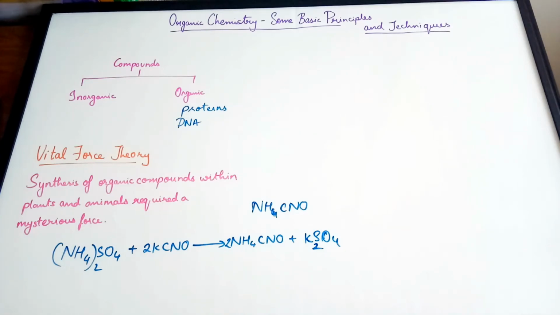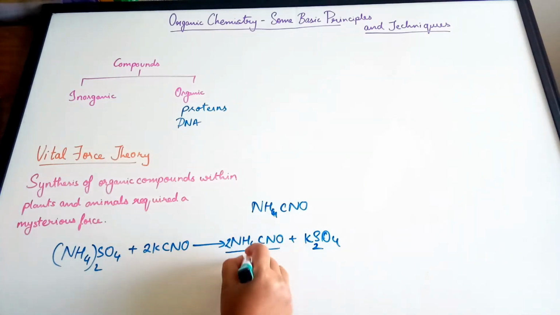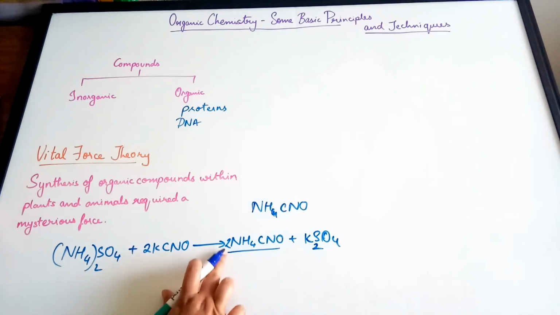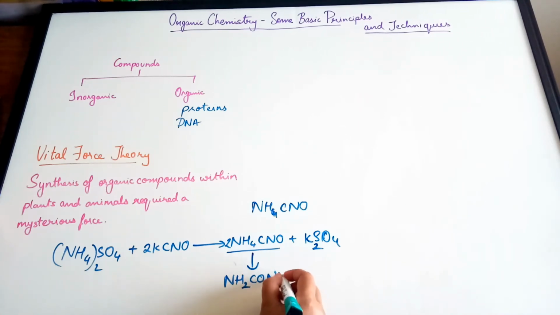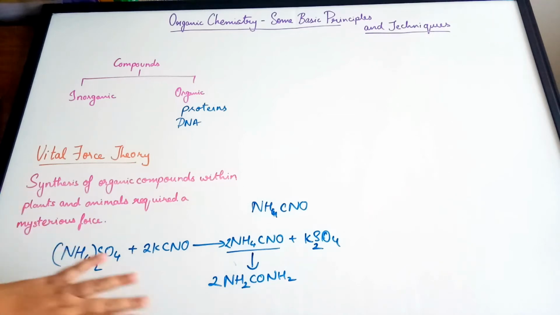Anyways, when this was further heated, what was noticed was that this particular compound, ammonium cyanate, underwent rearrangement to lead to the formation of urea. And this was the first ever organic compound synthesized in the lab.